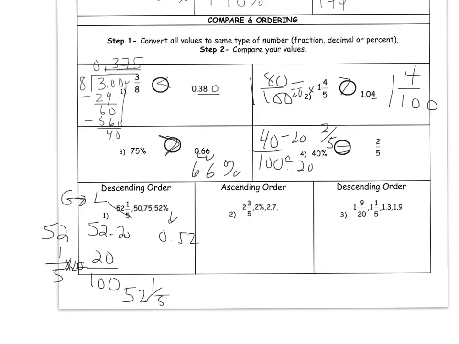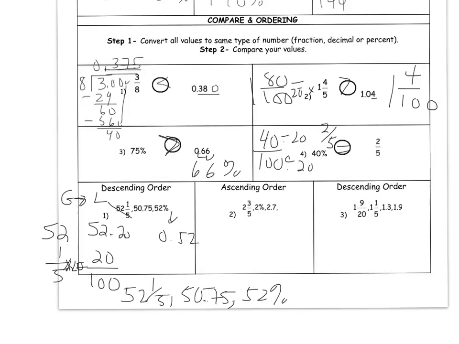And then you would do the 50 and 75 hundredths. And last but not least, the 52%, because that's only 52 hundredths. It's a lot smaller than the rest of them. So there you go. That's greatest to least. Okay.